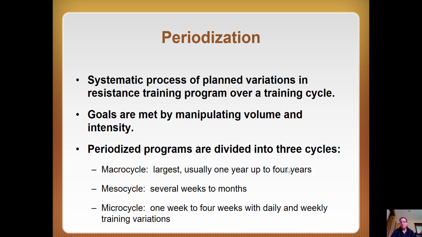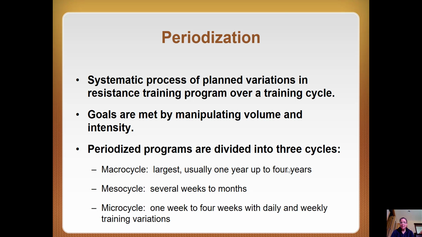So periodized programs are divided into three basic cycles. You have your macrocycle, which is the biggest one, right? Macrocycles usually last from a year up to 4 years. Then you have your mesocycles, which are the next one in line. That's several weeks to a month.